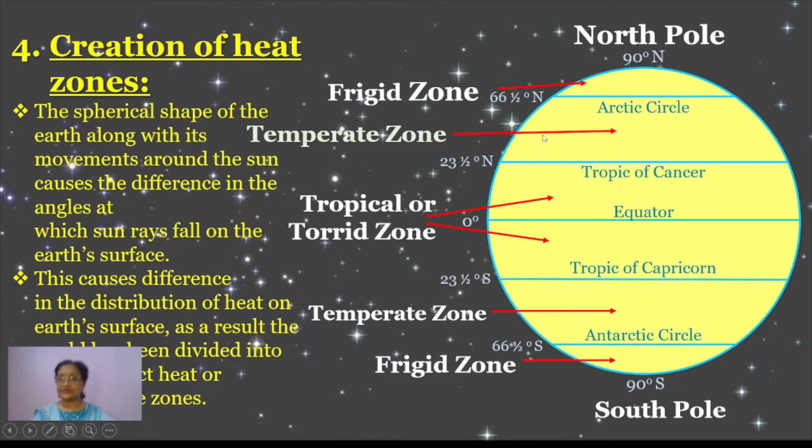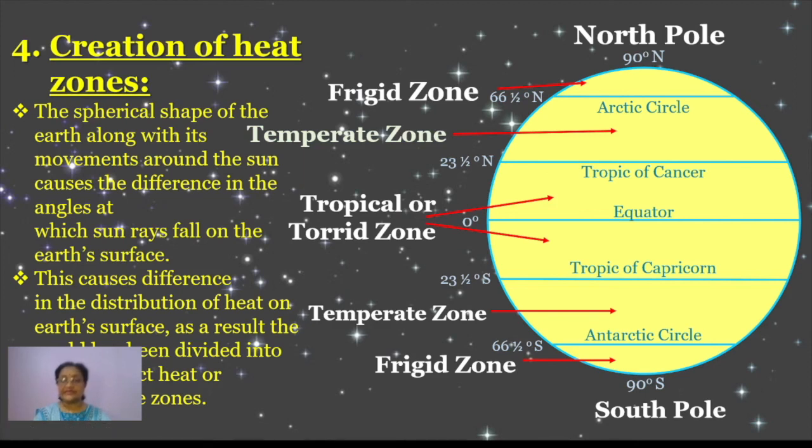But in the north temperate zone and in the south temperate zone, you will find the sun rays fall a little slantingly. And as we move further, beyond Arctic Circle to North Pole and Antarctic Circle to South Pole, this is the zone which is called frigid zone, or many times also called polar zone.